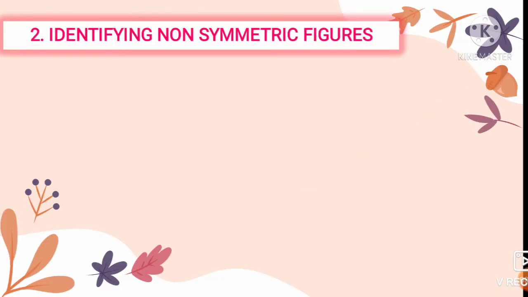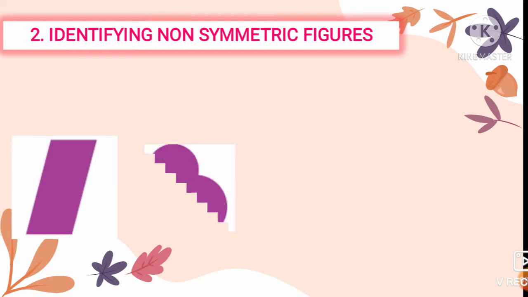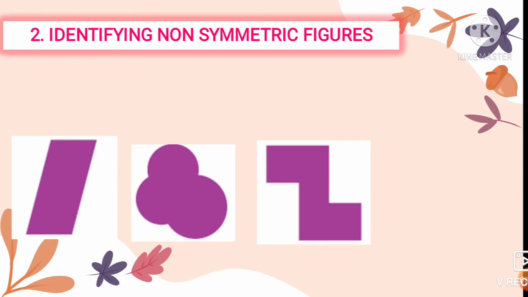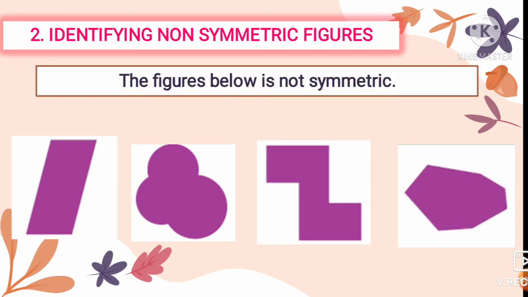Now let's take a look. Identifying non-symmetric figures. So from these four, the figures are not symmetric. See, you can put the line in the middle and they cannot be exactly the same. Also in this middle, you cannot flip into exactly the same.